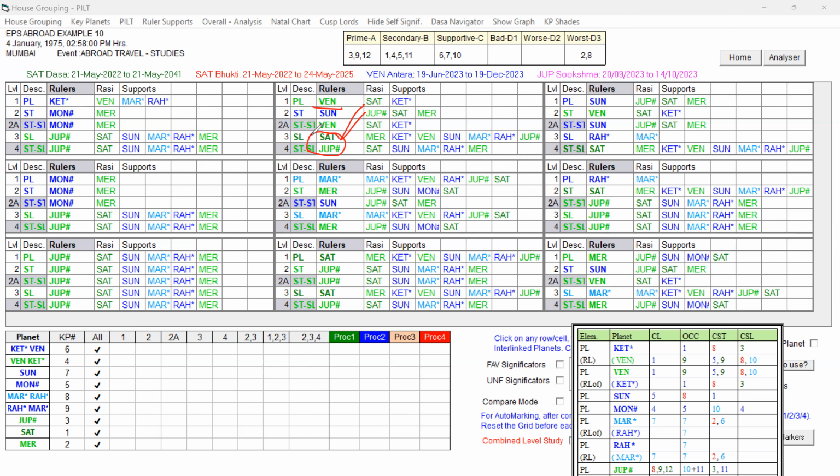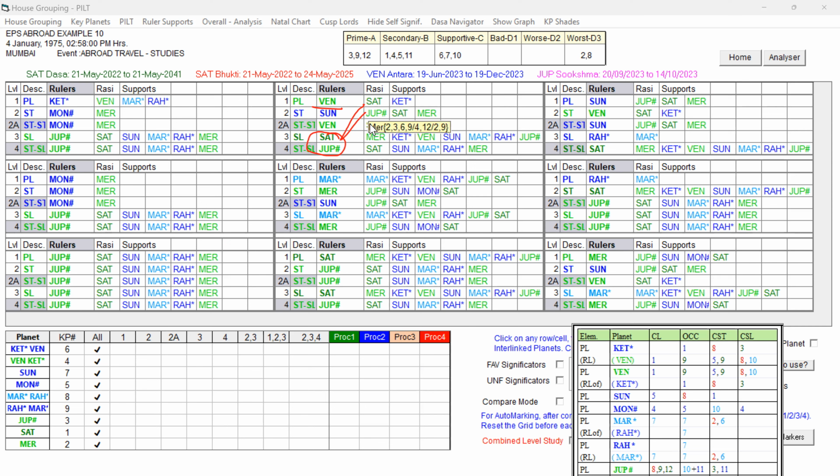In Venus Bhukti, the native has to travel abroad in a favorable Antra. So the Antra lord should have the key planets of the Bhukti lord, and other favorable key planets will also be there. In the Antra lord, any key planet missing in the Bhukti lord should complete the chain. The purpose of travel is for studies, right?